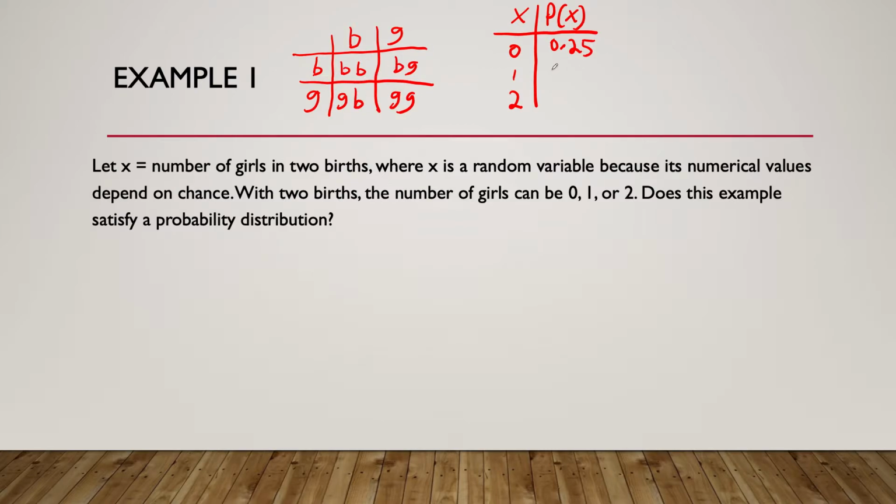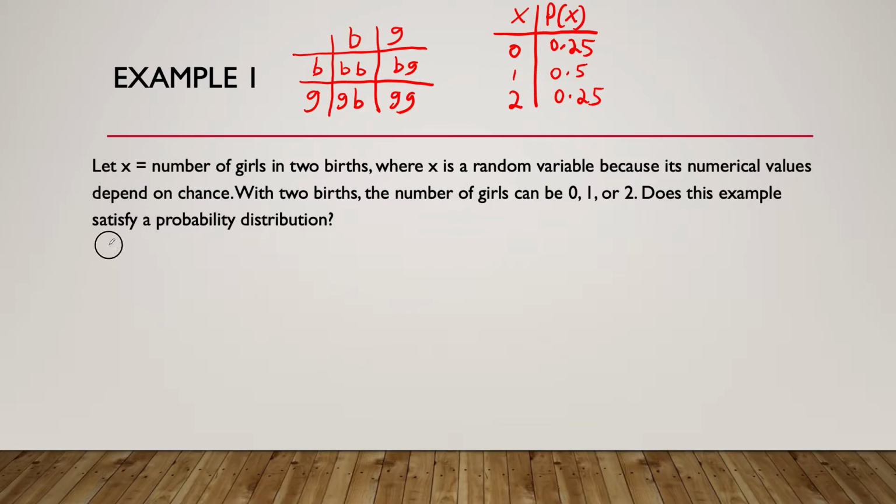So 2/4, or 1/2, has a decimal of 0.5. And likewise, for 2 girls, that happens once, that is also 1/4, or 0.25. So this is the table for that.